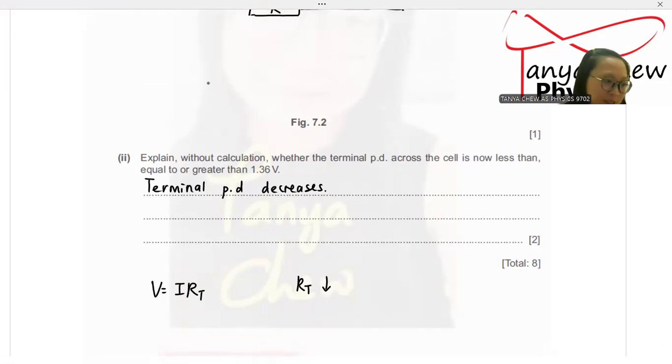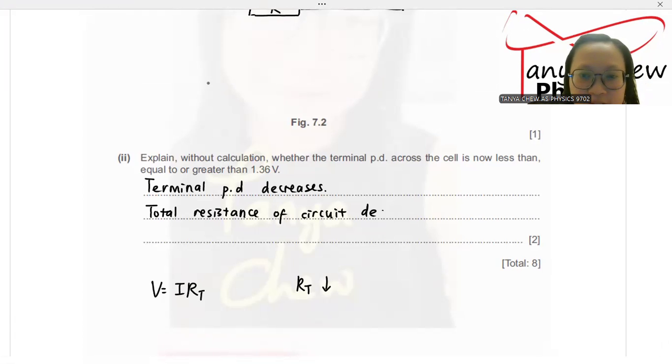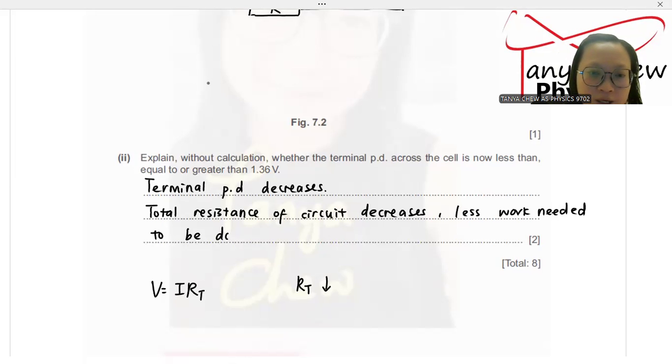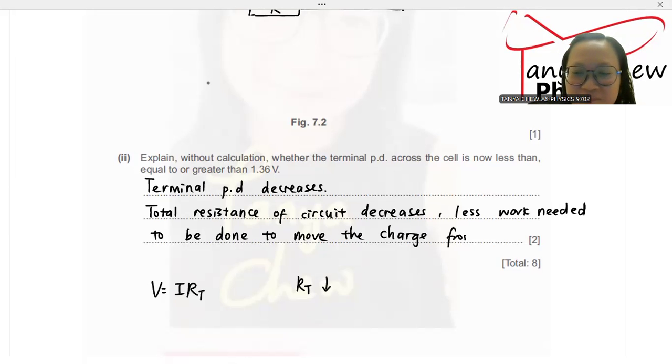Explanation is that total resistance of circuit decreases, less work needed to be done to move the charge from one point to another.